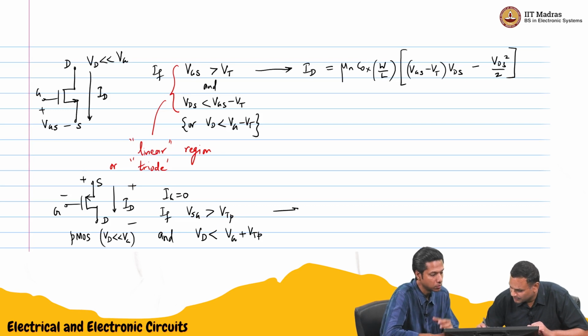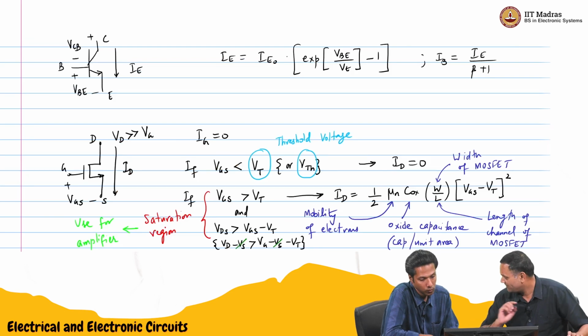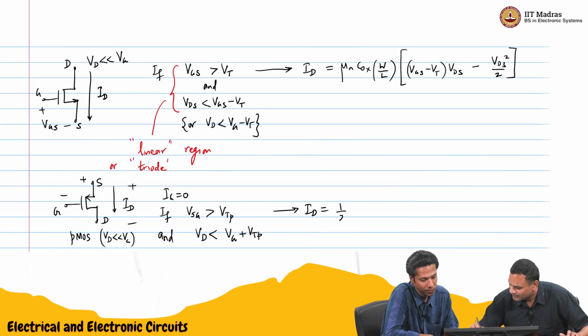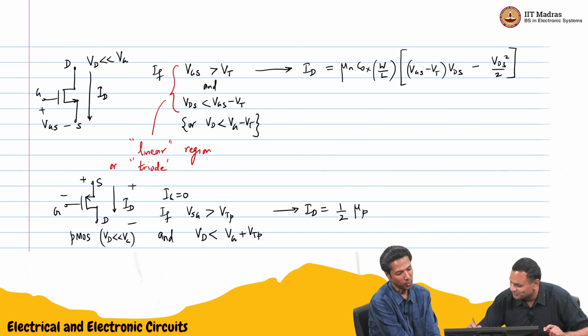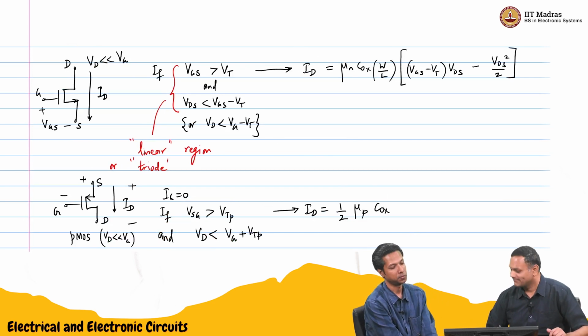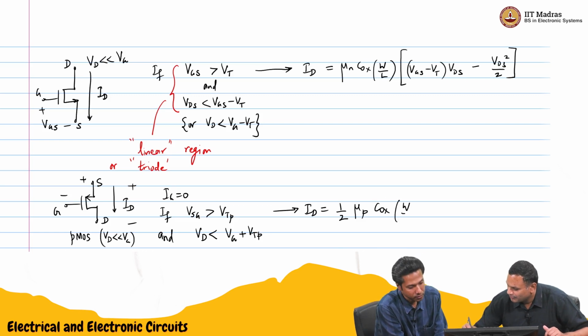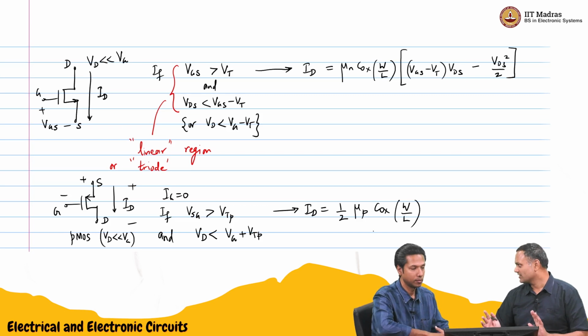Then ID will be, half will still be there. Instead of mu n, we will have mu p. We had mu n for an NMOS; the pMOS will use mu p, the mobility of holes. W and L are the width and length of the pMOS transistor.